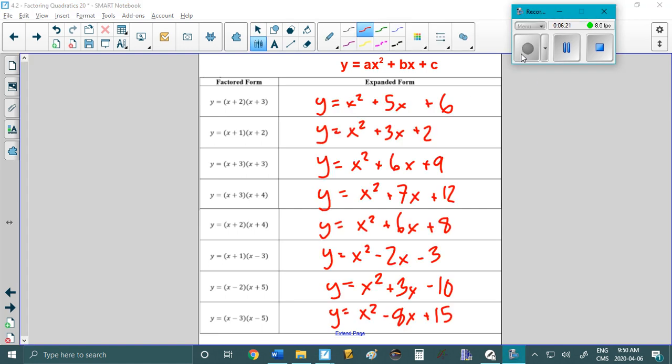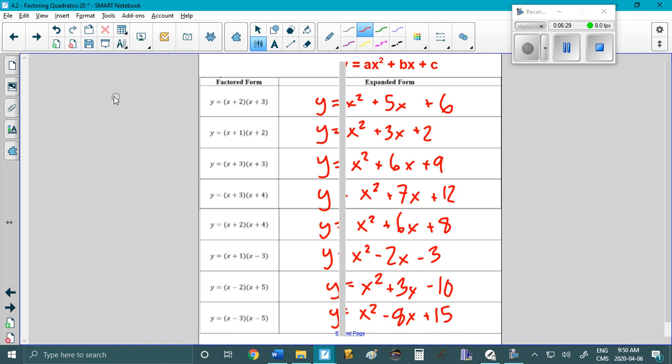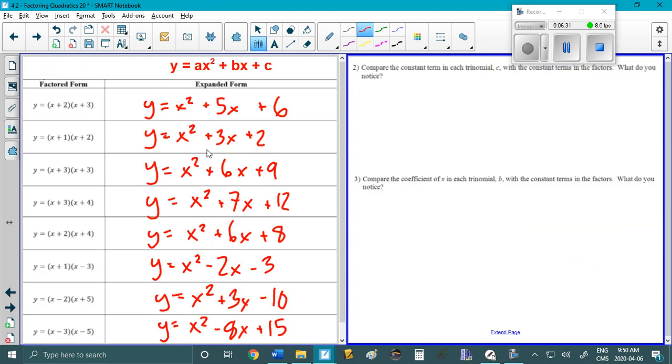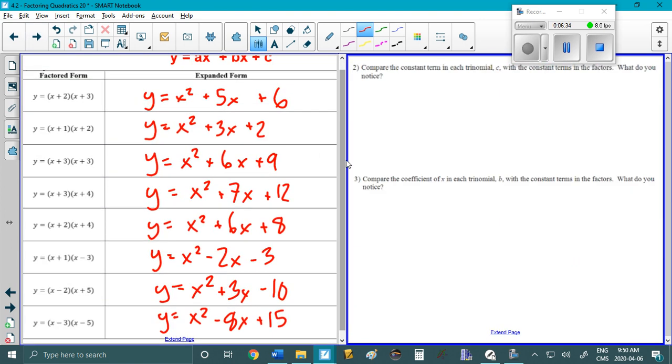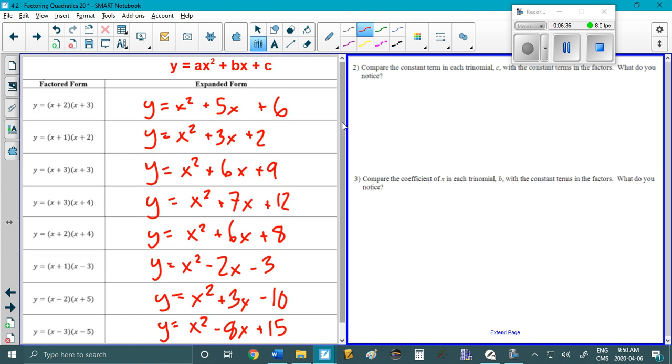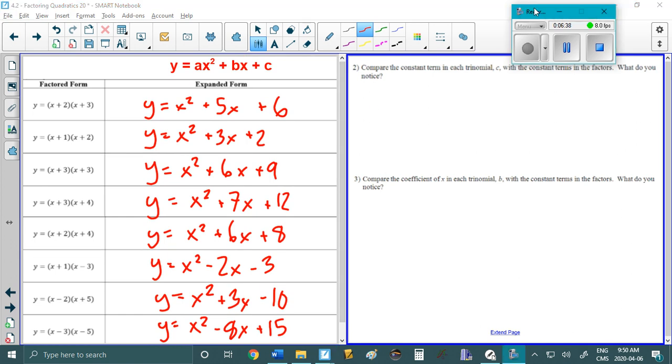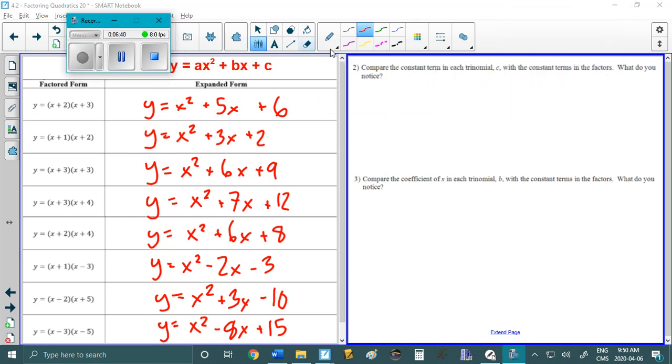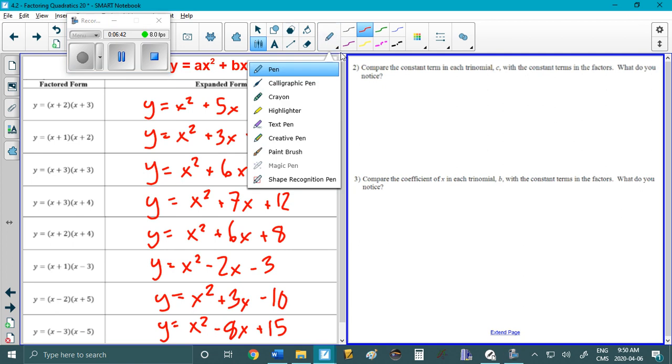Okay, there are the answers. Hopefully you were able to pause it before they just popped up. We have two little follow-up questions that will tell us how to do the lesson for today. The first question is: compare the constant term in each trinomial, C. Let me highlight the C's first.